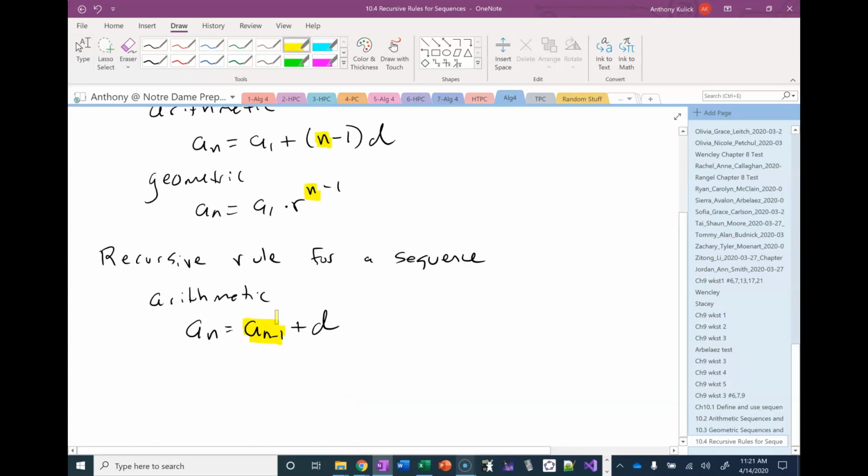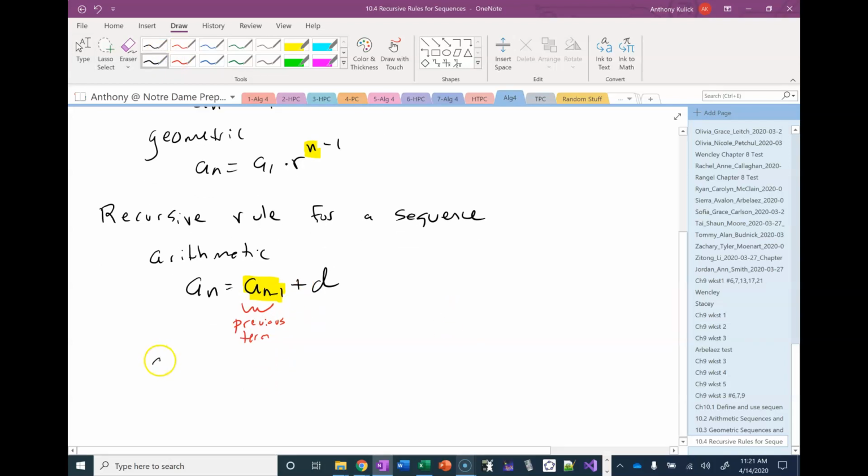So notice a sub n minus 1. The n minus 1 is all in the subscript. All this is representing is the previous term. We'll do some examples in a moment to help you get a handle on this.